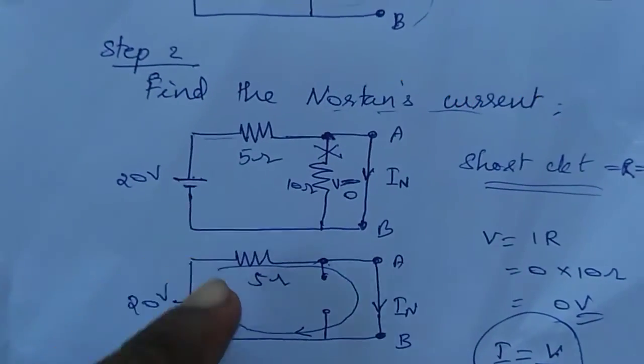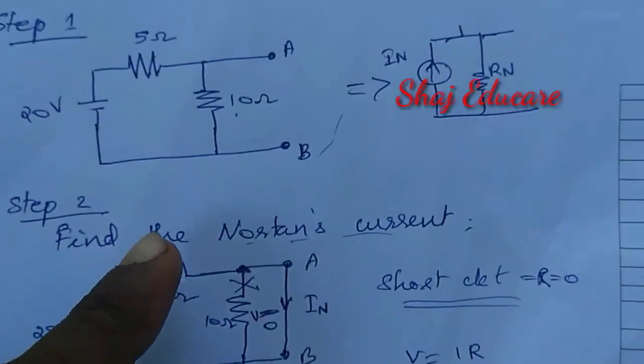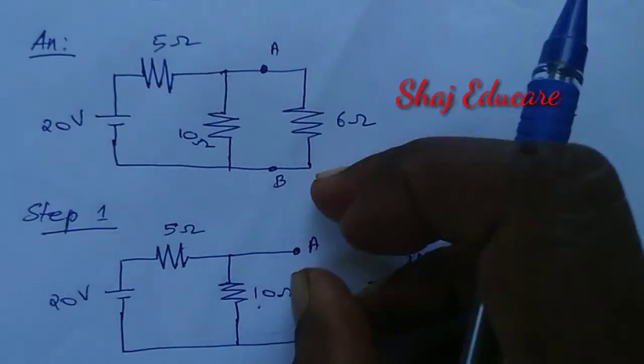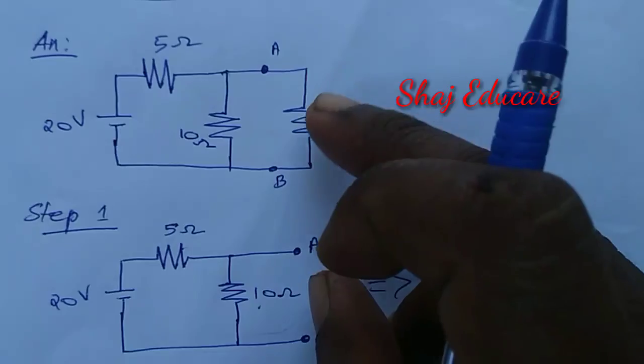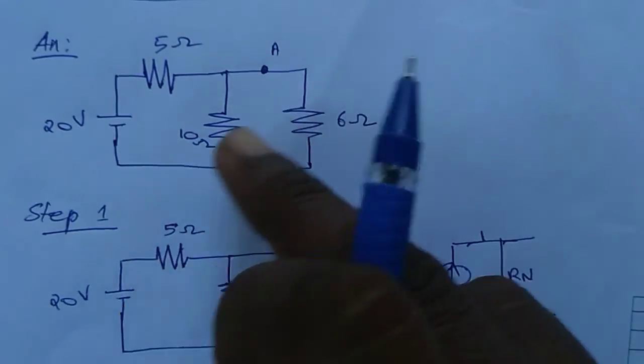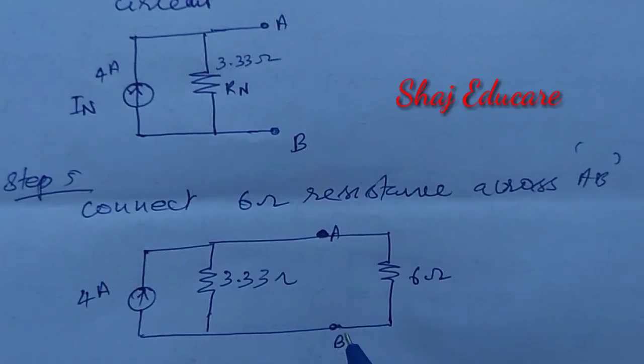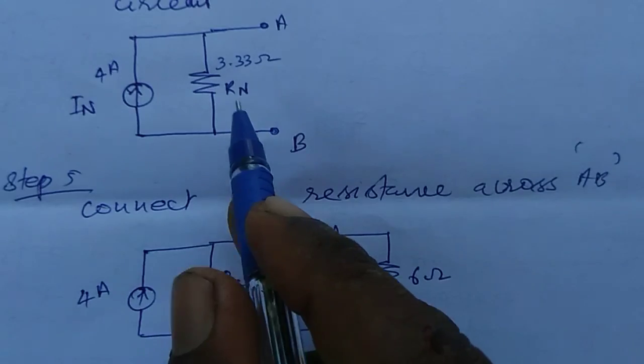In step 1 we disconnected it from the circuit. Now we connected it back to the Norton's equivalent circuit.